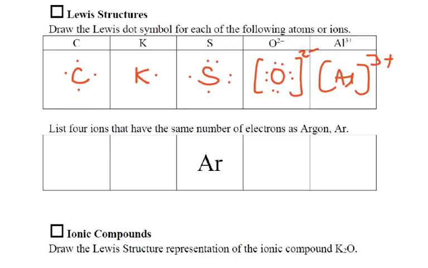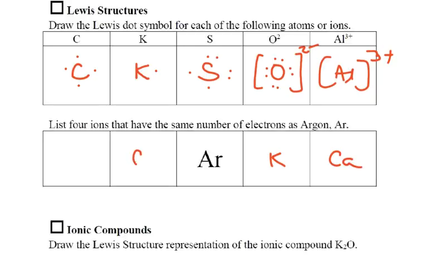Okay, what is going to be isoelectronic, having the same number of electrons as argon? The one right after argon is potassium, and the one right after that is calcium. One right before argon is chlorine, and the one right before that is sulfur. If they were all neutral, argon would have 18 electrons, potassium would have 19, and calcium would have 20.